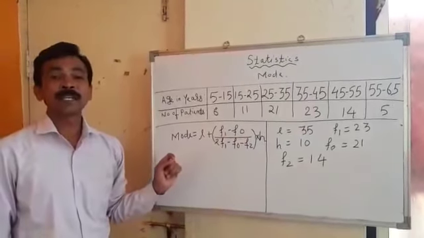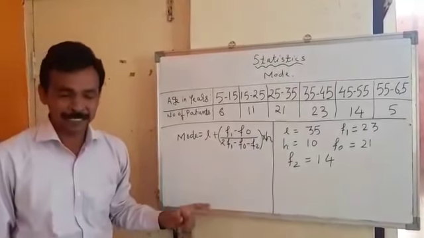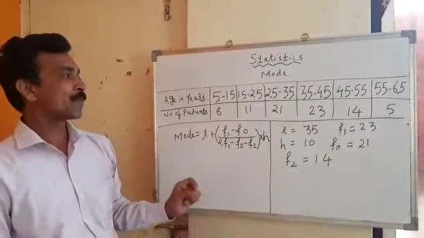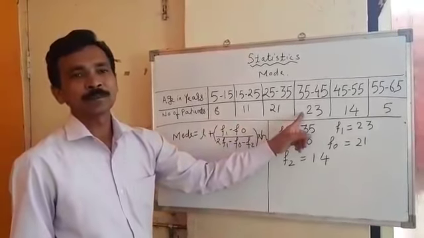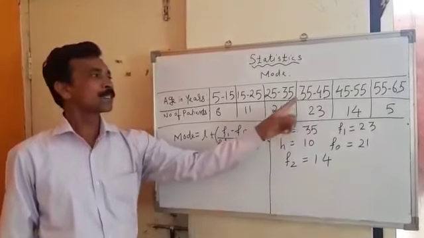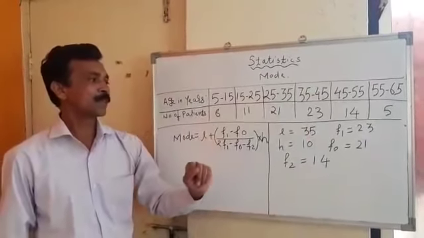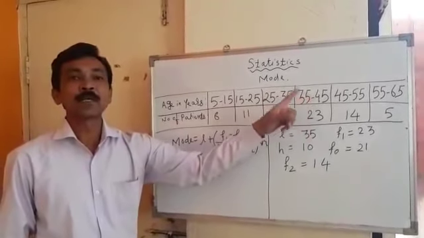Now the method of finding the mode is that first you have to see the maximum frequency. The maximum frequency here is 23 and the class corresponding to the maximum frequency is 35 to 45. Therefore 35 to 45 is called the modal class.